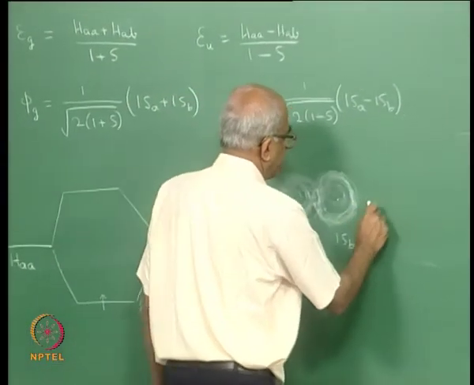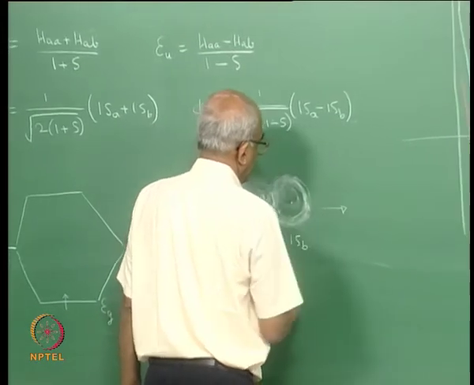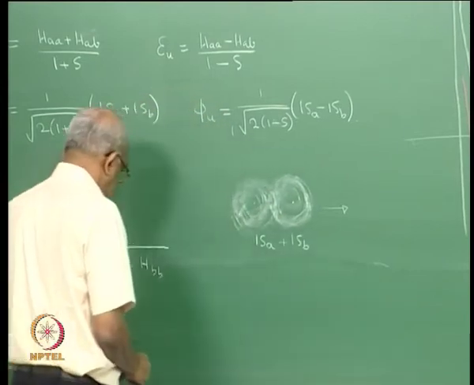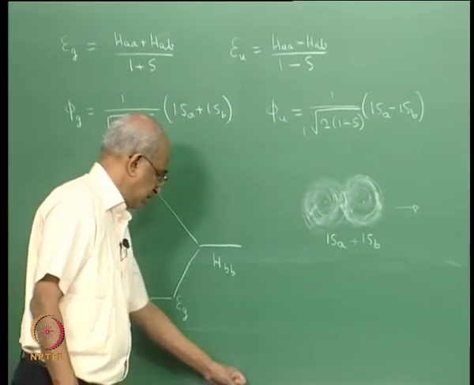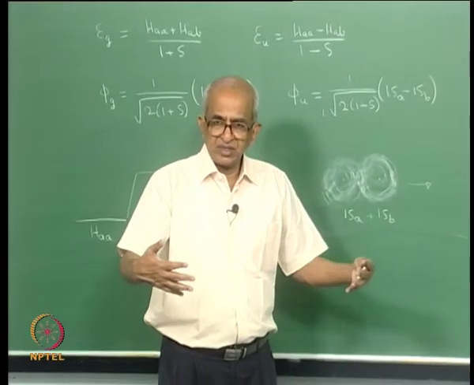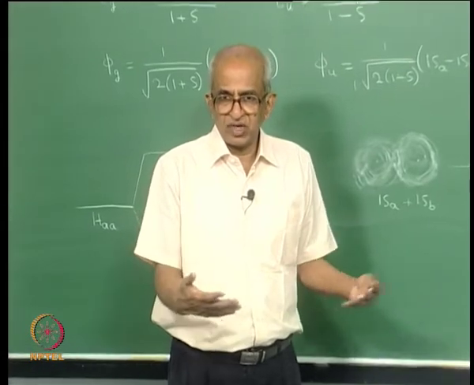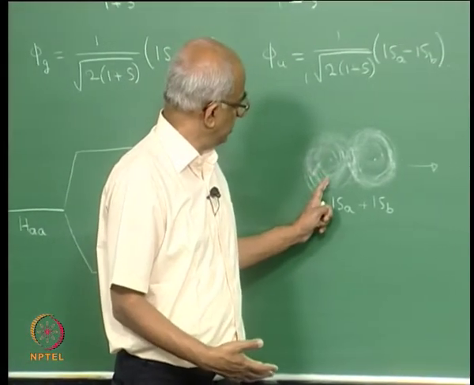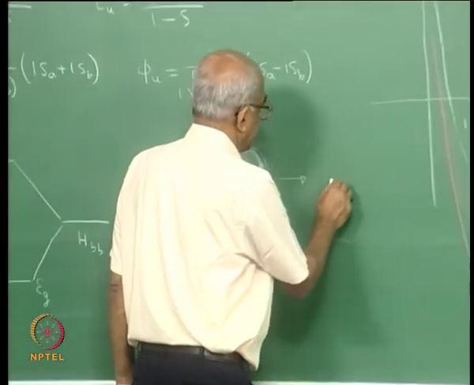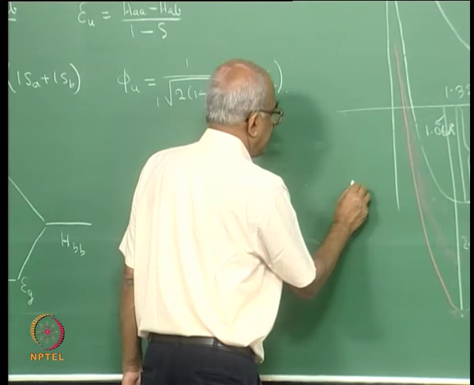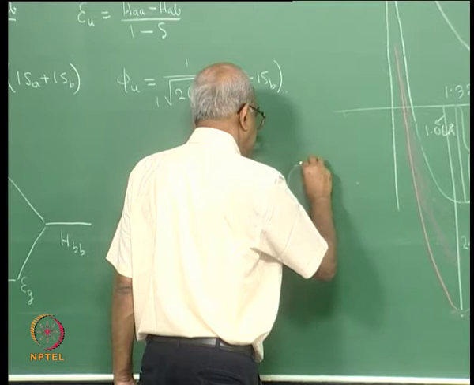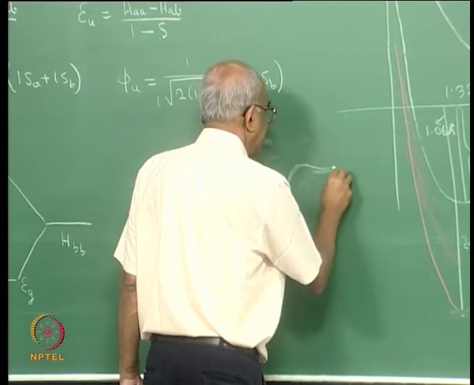And so, if you added 1s A plus 1s B, what is the result that you are going to get? Well, you will realize that everywhere in space the wave function would have a positive value. That is the first thing, because this is positive, that also is positive, so you are just adding them up. So, the resultant orbital, which is something that we refer to as a molecular orbital, will encompass both the nuclei. So, it will be something like that.